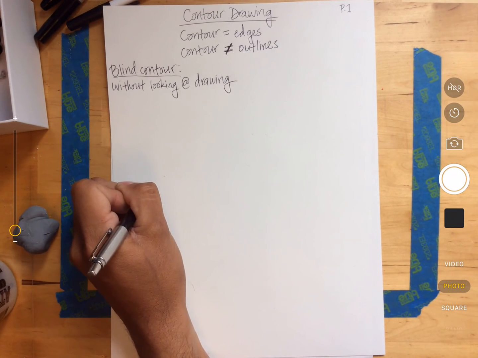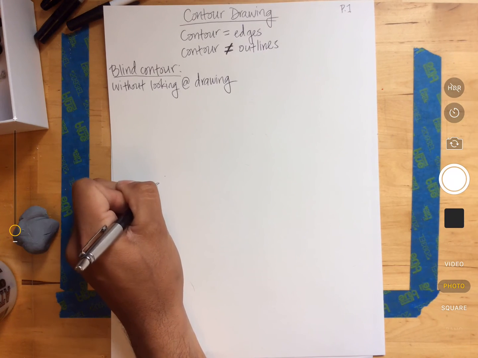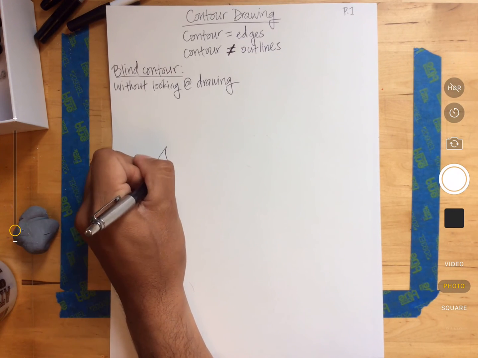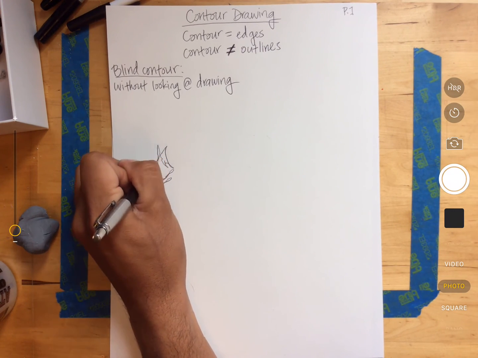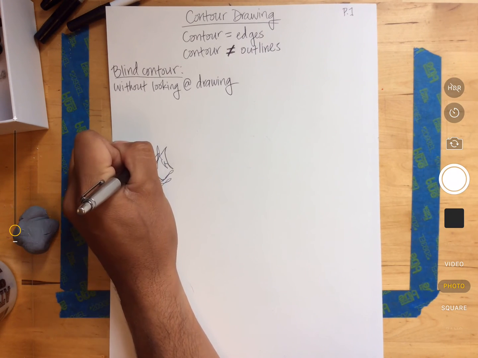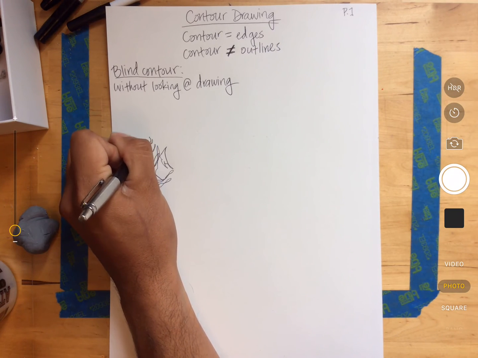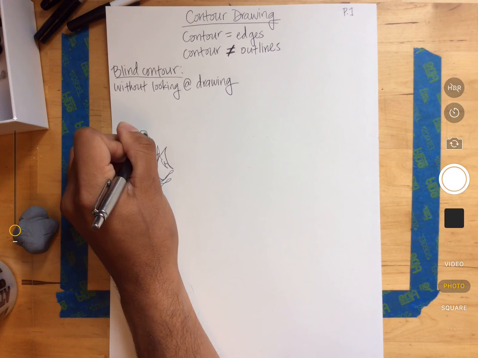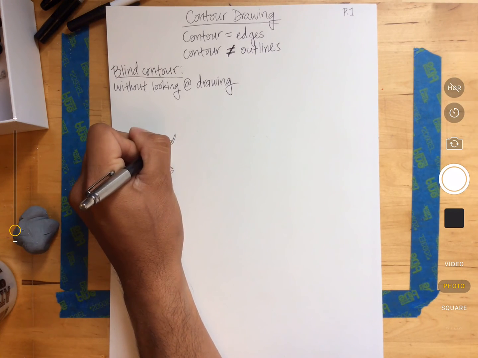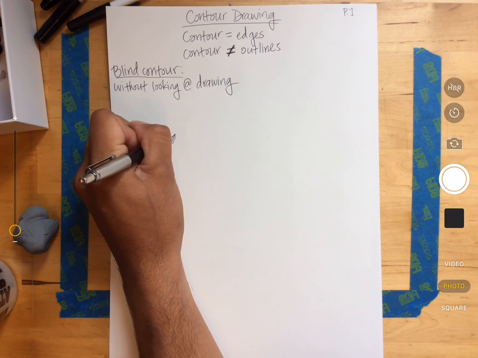Okay, so watch me do it first. I'm not going to look at my drawing. Here are the creases in my wrist. Here is the palm of my hand. Here is the side of my hand, and then here's my pinky. Creases. I'm not lifting up my pen either, okay? Creases in my ring finger.